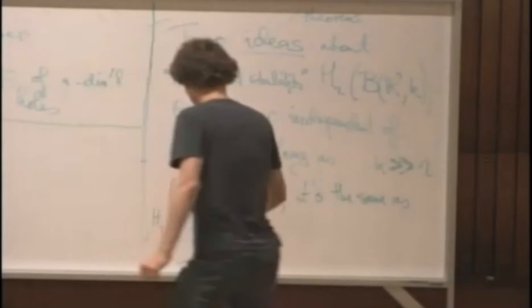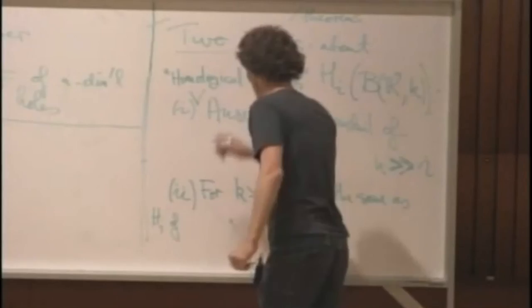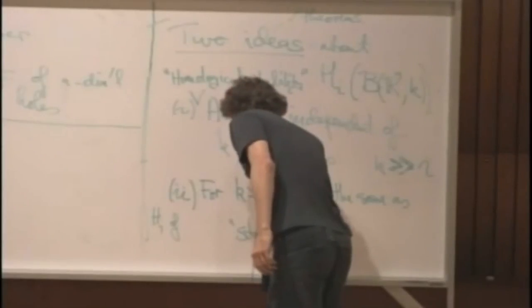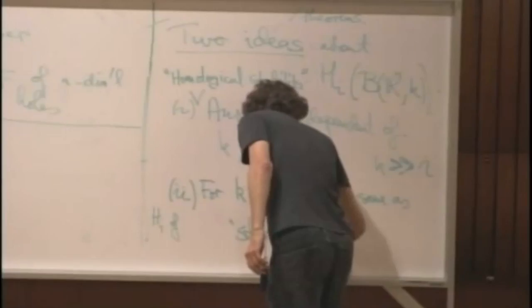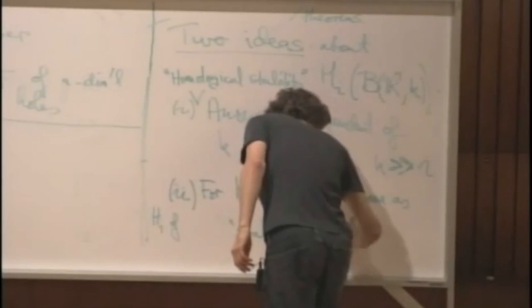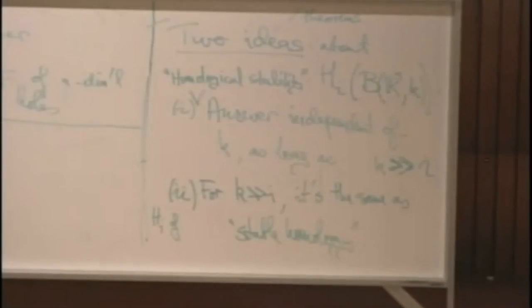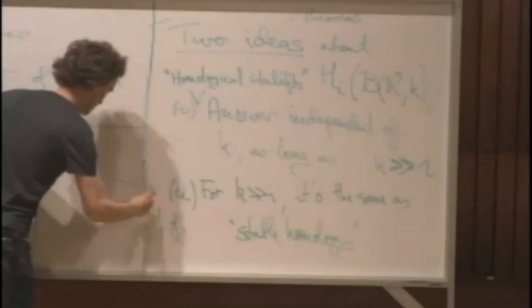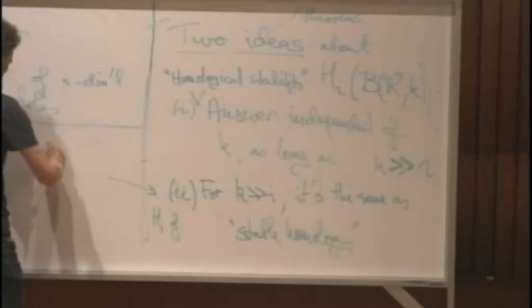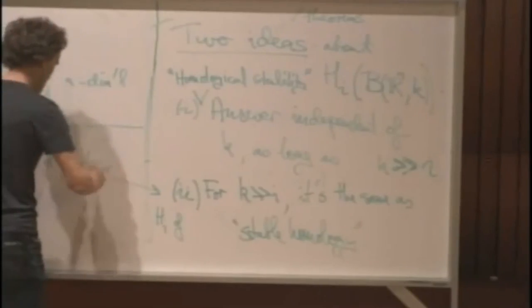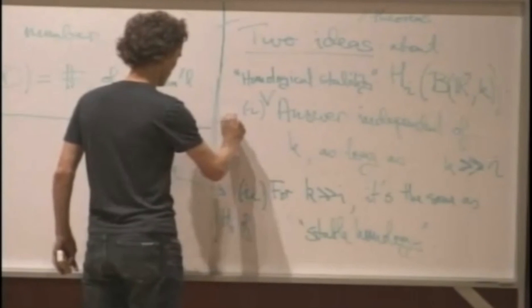And point two, I'll say the slogan is stable homology. Once the homology stabilizes, what is it? This will be the topic of my next lecture. And this will be the topic of the third lecture.